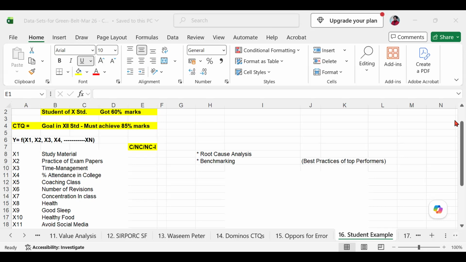Now out of these X's, some X's will have major impact on Y. Those X's we call as CTP. So what is CTP? The vital few X's that have major impact on the Y. The vital few X's that have major impact on the Y, these are the CTPs, critical to process.